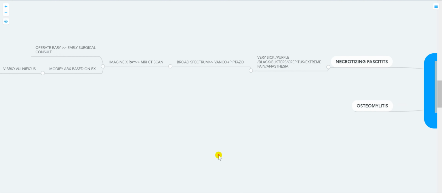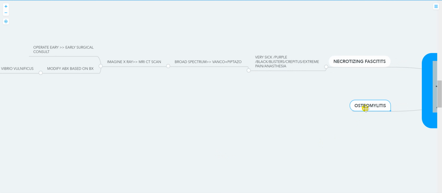For osteomyelitis, it could be two things, okay? Could be non-toxic, or it could be toxic, right? So for the non-toxic, what does the patient usually present with? Bone pain, chronic, stubborn wound, recurrent cellulitis, okay? So these are the things.